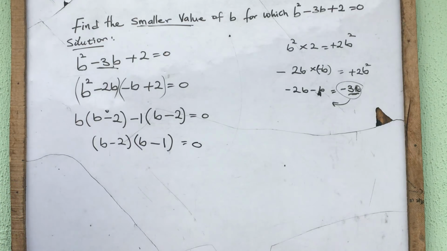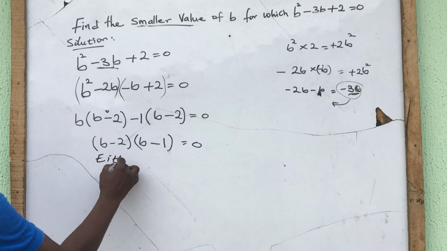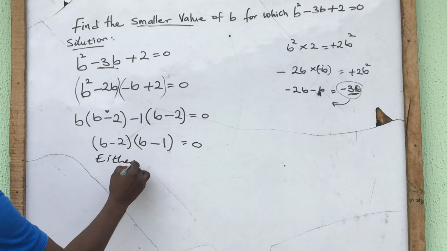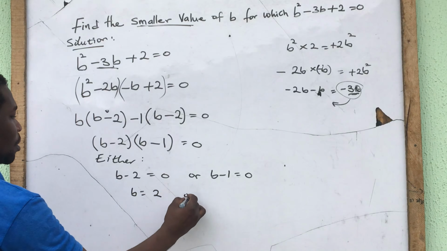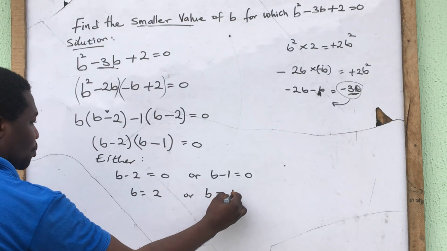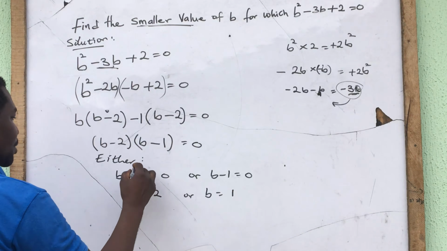With this, it's now very easy for us to get the actual value of b. Either b minus 2 equal to 0 or b minus 1 equal to 0. So b equal to 2 or b equal to 1.